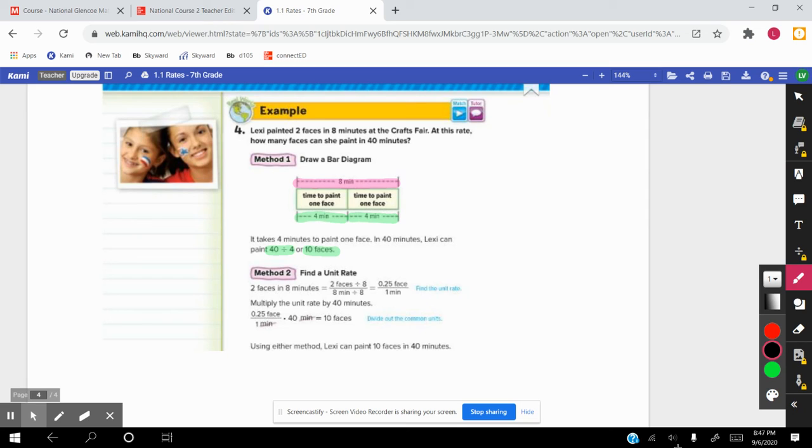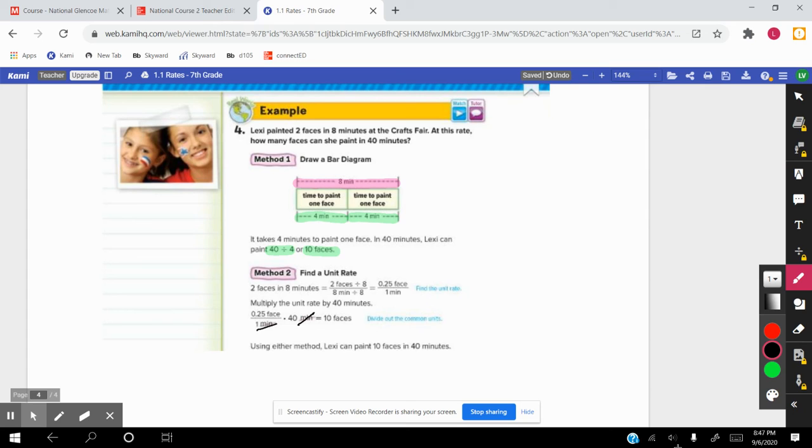So then we're going to take that 1 minute and multiply it by a rate of 40 minutes. So 0.25 face divided by 1 minute times 40 minutes. If you notice here, they're crossing out our minutes because we have 1 in the denominator and 1 in the numerator. So 0.25 or 25 hundredths times 40 equals 10, so 10 faces.